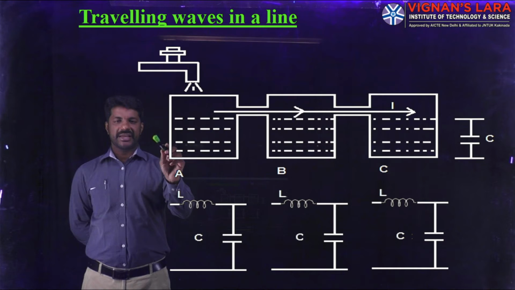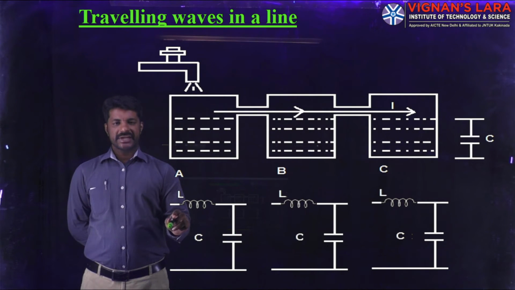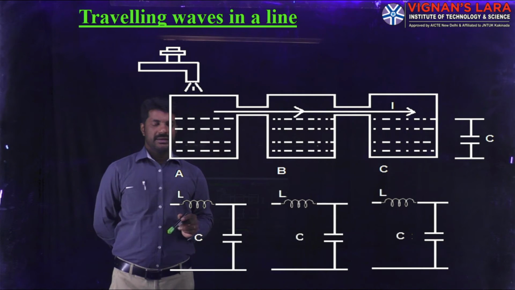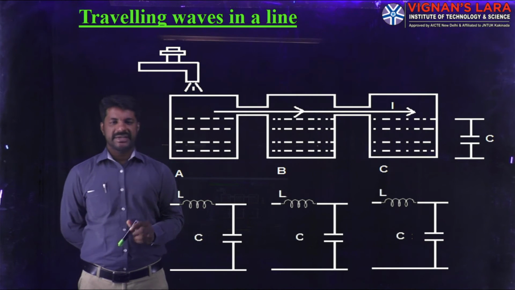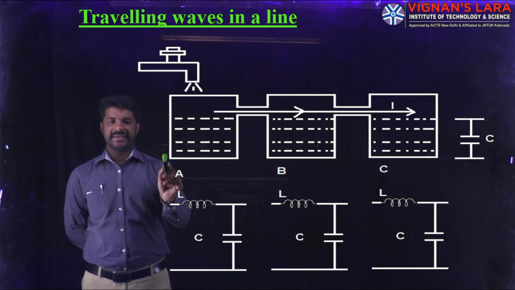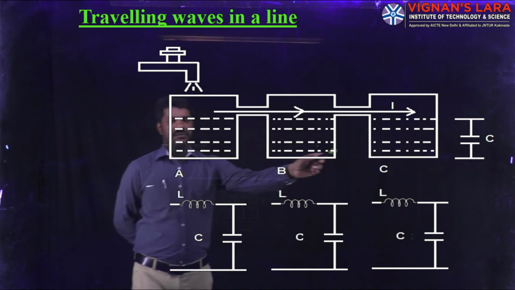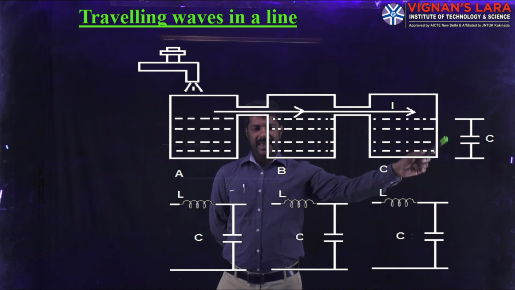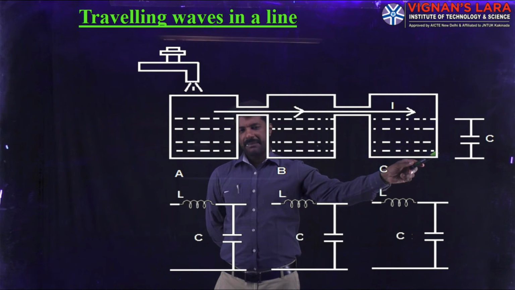Let us assume there are three sections of a transmission line, shown with a tank and water filling example to understand it in an easy way. So we assume that there are three tanks connected in cascade. The height of the tank is nothing but the capacitance.